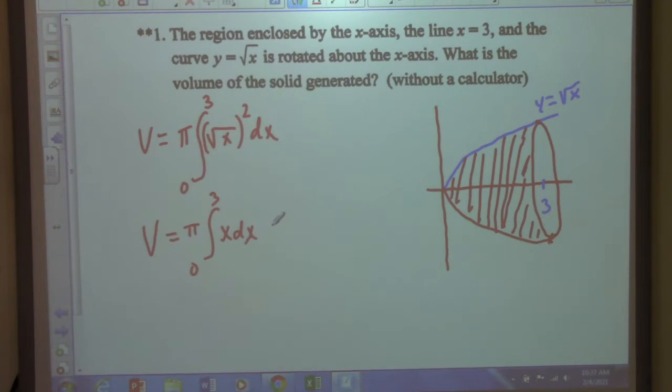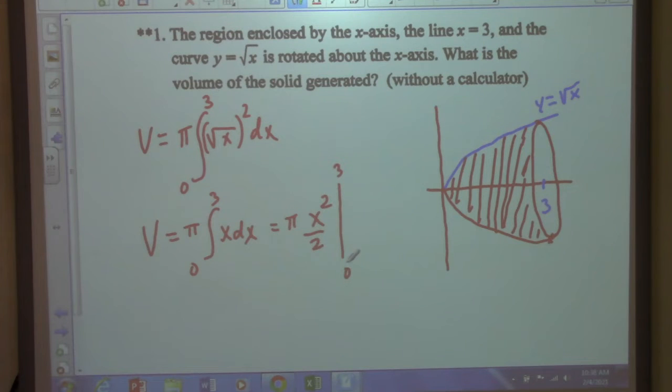What are we going to get when we integrate this? Pi, and the integral of x is x squared over 2, and we're going to evaluate between 0 and 3.